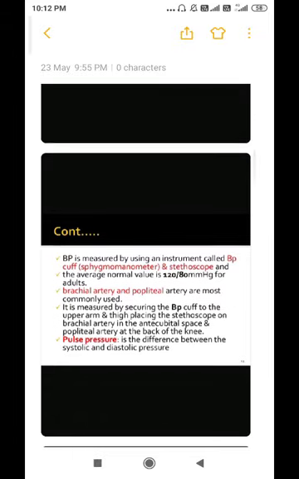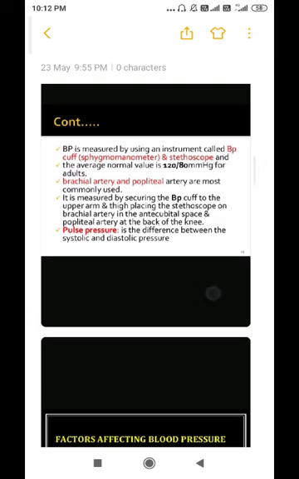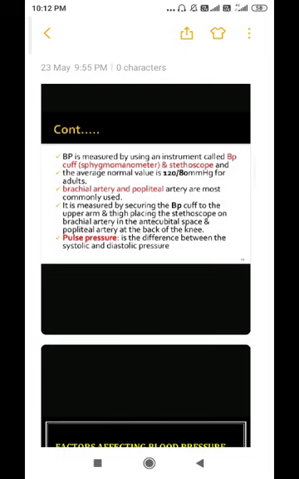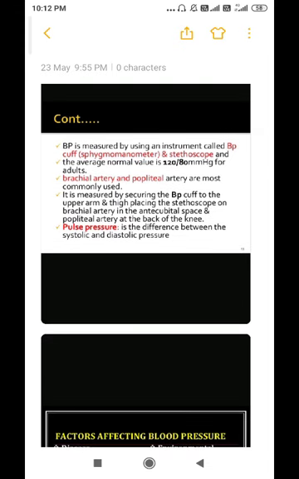Blood pressure is measured using an instrument called a BP cuff, a sphygmomanometer and a stethoscope. The average normal value is 120 by 80 mmHg, only for adults. The brachial artery and popliteal artery are most commonly used.